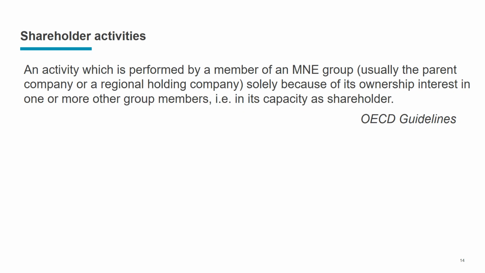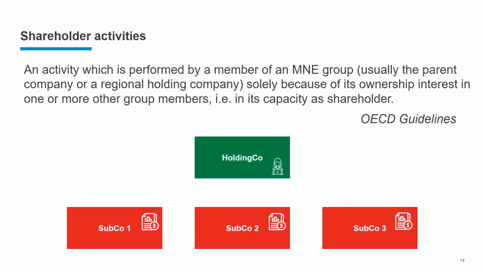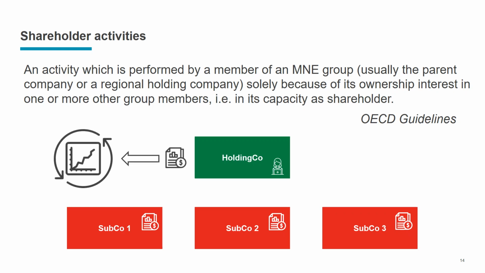Let's look at one of them to understand what those activities could be. So imagine there is a multinational group which comprises a holding company and three subsidiary companies. And shares of the holding company are traded on a stock exchange. Because of that, the holding company has to prepare and submit a consolidated annual financial statement on behalf of the group as a shareholder.